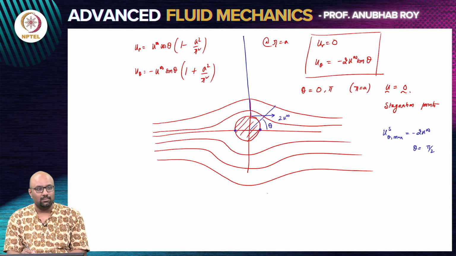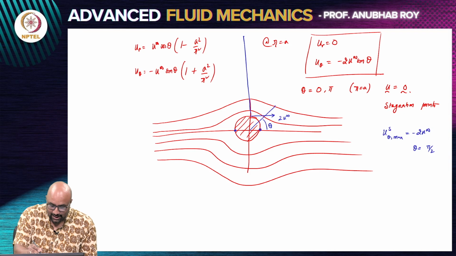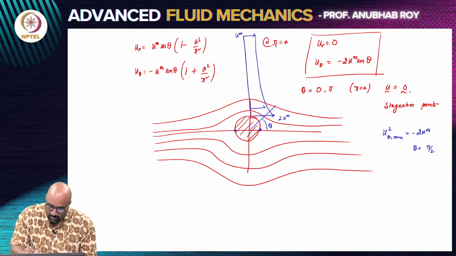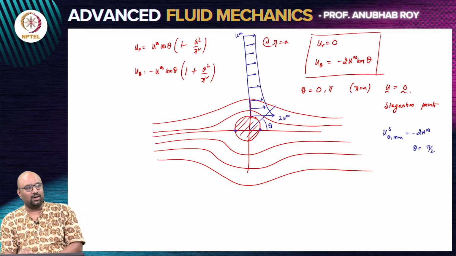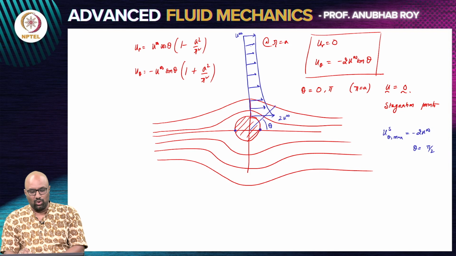What should it be? U infinity, exactly. So, you can think of this that the velocity field is going to decrease from 2 U infinity to U infinity.